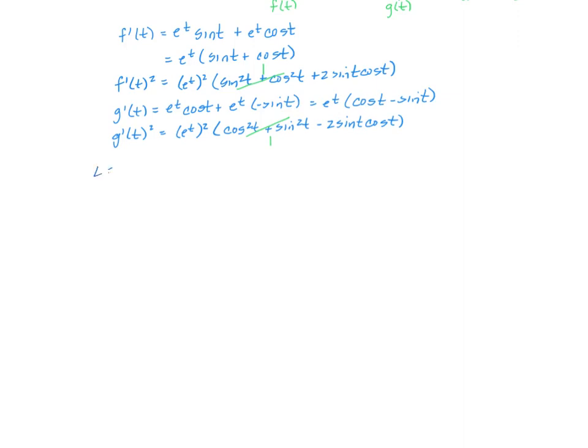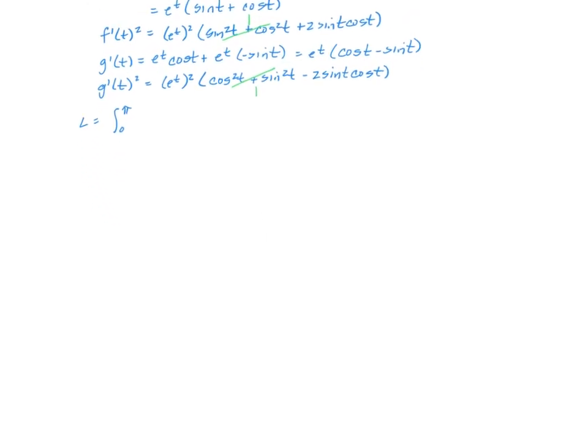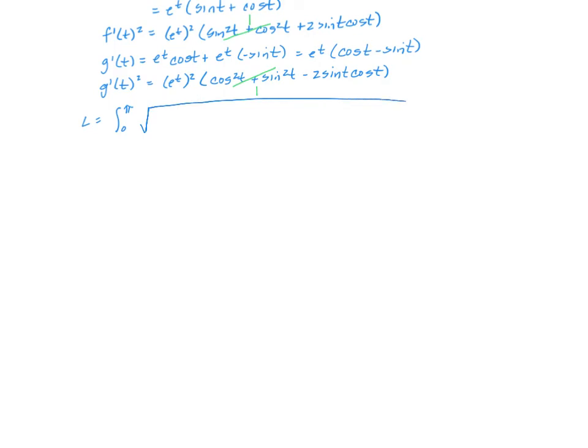So the length is going to be the integral from 0 to pi in this case. Is that what our t values were? Yes. Square root, oh, it's going to be a long one, of e to the t squared. The only reason I left it as e to the t squared instead of e to the 2t is because I know that the square root and the square will cancel each other out.